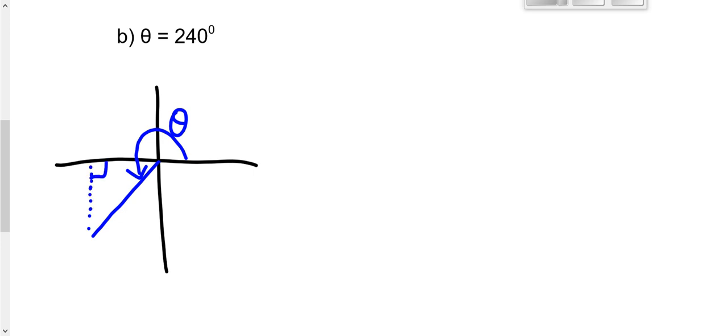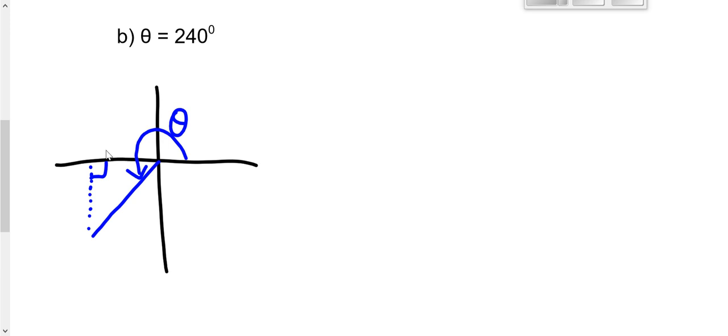Again, we don't know the coordinate of a given point P, so we cannot look at the coordinate and then figure out the width, the height, things like that. But at least we can fill in all the information. So if this is 240, what will this reference angle be? This is 180. 180 plus what gives you 240.